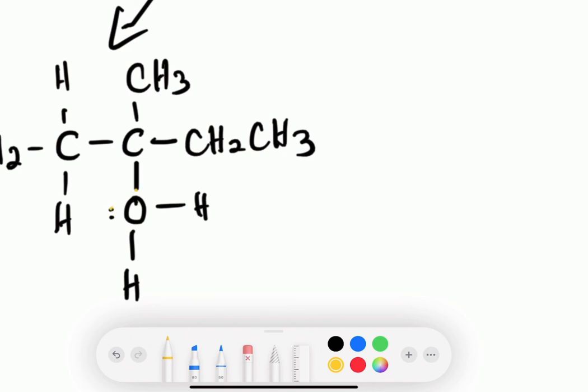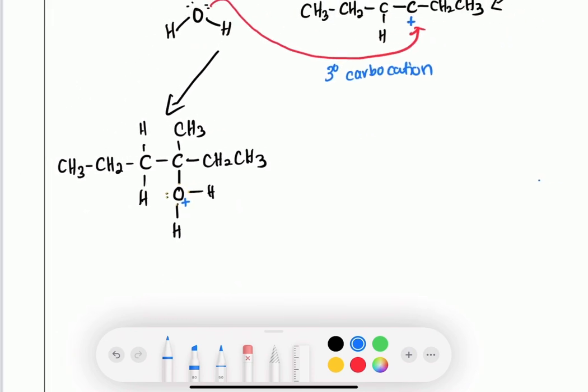We have 1, 2, 3, 4, 5, and we have positive here. And for the last step, which is the production of alcohol, we are going to react it back with H2O.